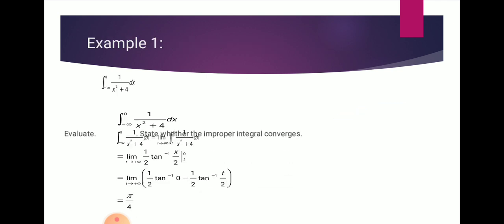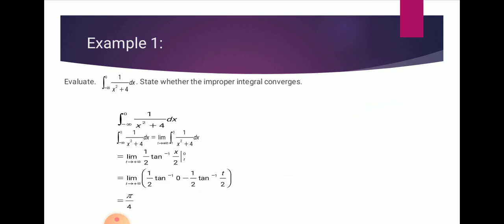Example number 1. Evaluate the integral from negative infinity to 0 of 1 over x squared plus 4 dx. State whether the improper integral converges. Begin by writing it as a limit.